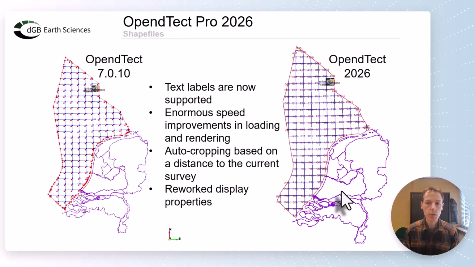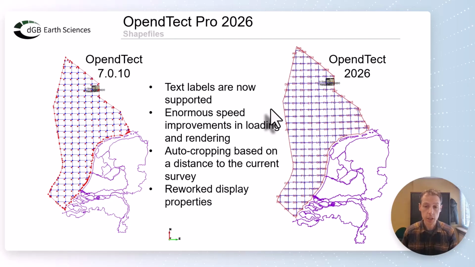The last item I want to mention as an improvement in OpendTect Pro is our support for shapefiles. As of now, we have a good support of the text labels within the shapefiles. They didn't appear previously except for their position. We have made enormous speed improvements in loading the very large shapefiles and rendering them.